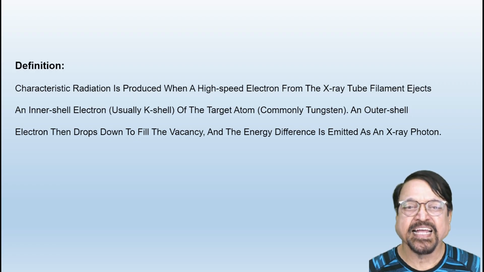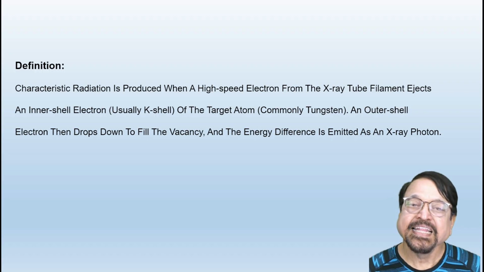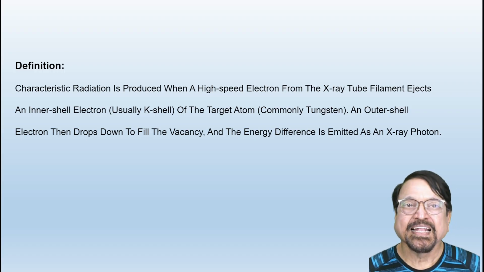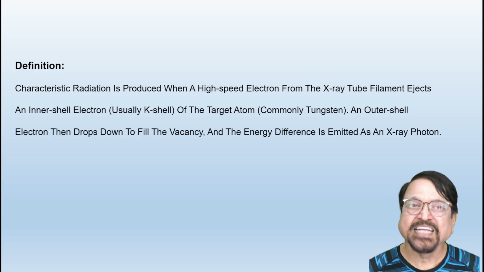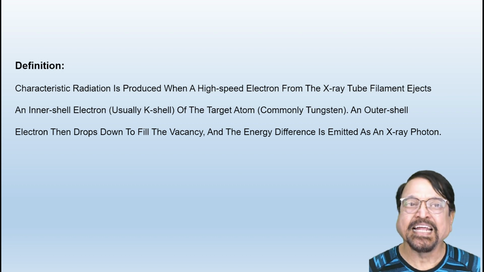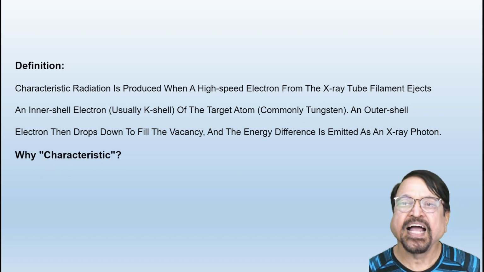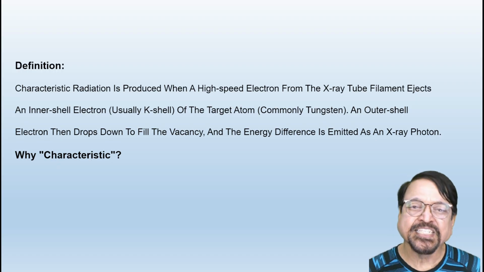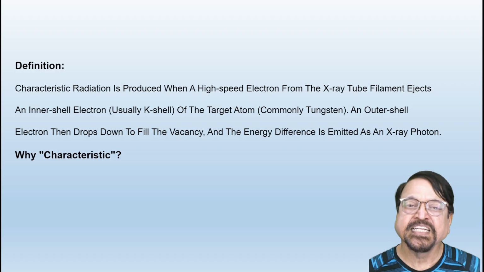In this process the difference in energy level is emitted in the form of X-rays, because as we know energy cannot be created or destroyed. It can just change from one form to another.